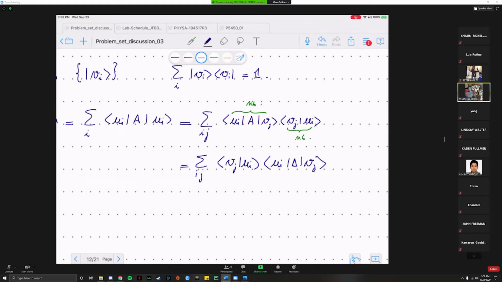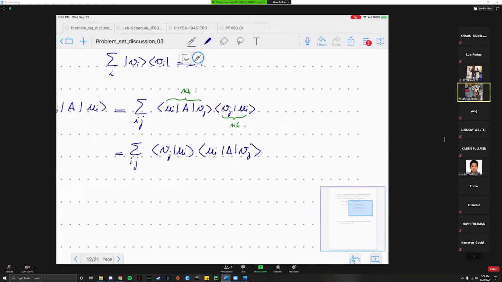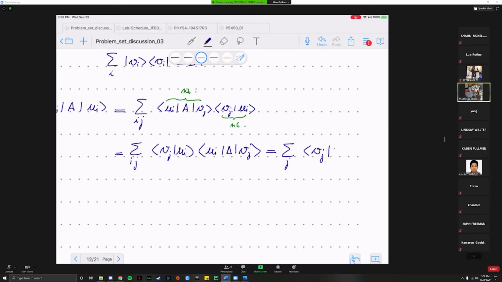And then, maybe tell me what happens next. So now those two UIs are right next to each other in the exact structure of the identity operator. Yes. So we use the closure relation in reverse, and we have the sum over J of VJ A VJ.